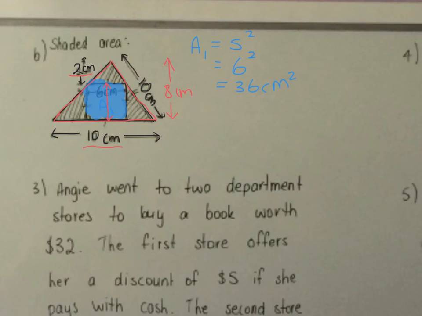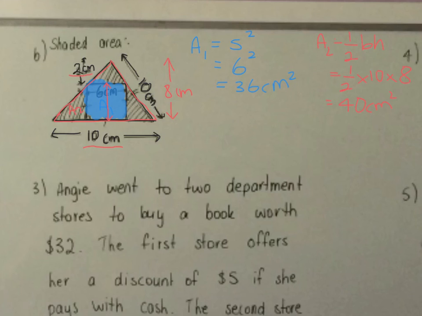So I can very easily calculate area 2, that being the area of the triangle on the outside, as a half times the base length, which we said was 10 centimetres, times the height, which we just worked out was 8 centimetres, giving us a total of 40 square centimetres.